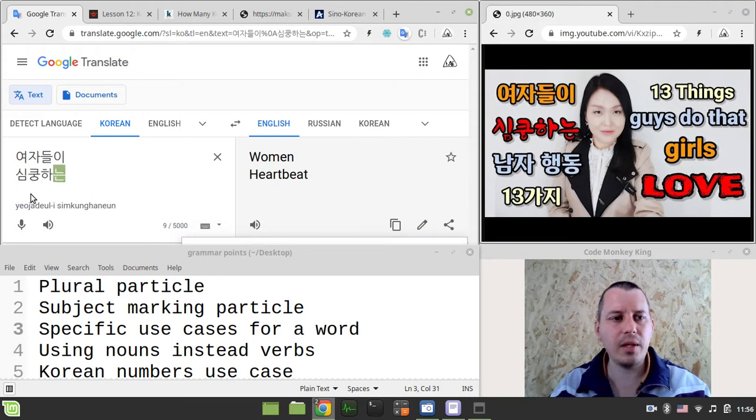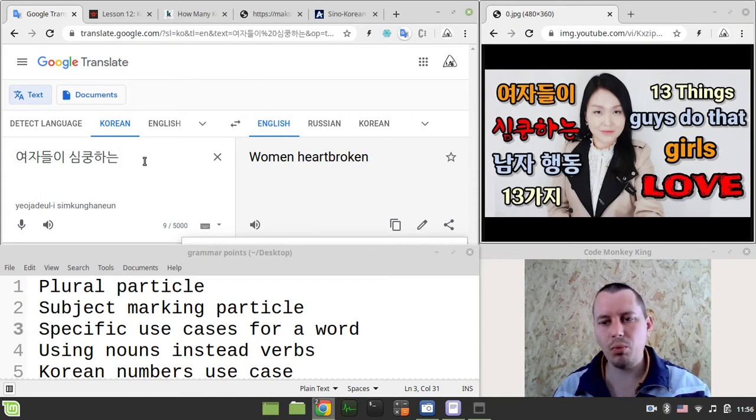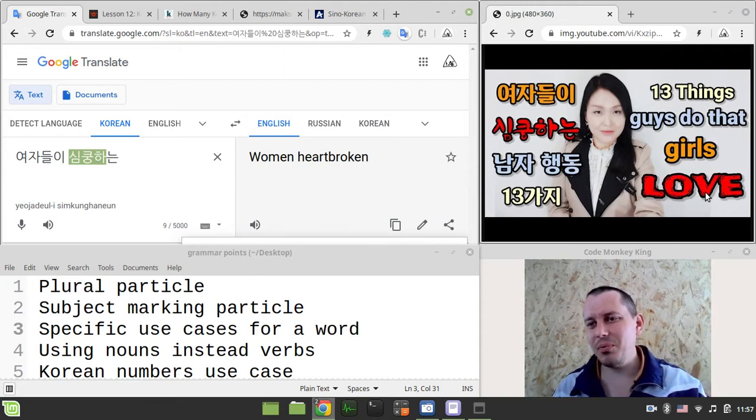By adding this 는, it means that in this entire phrase we're talking about, no matter what was before or what comes further on, we are talking about the heartbeat. So this is the core thing, and she even makes this word the biggest one, in bold font. It's really eye-catching.